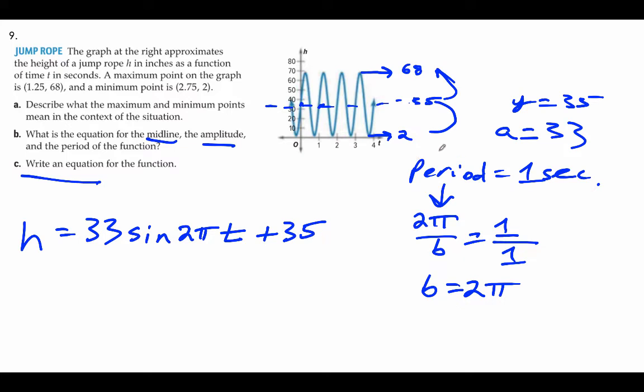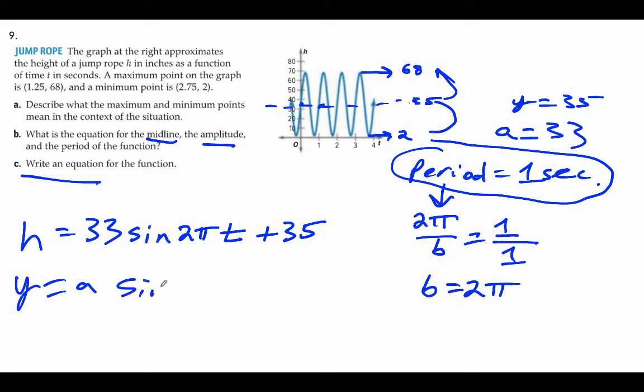And this is really the full meal deal here, huh? You got to notice that the period is 1 second, and then you have to find the value of b. I can't say that enough. Y equals a sine b theta minus h plus k. K was 35, A was 33, B was 2 pi, because that's what makes the 1. H was 0, we don't have to write it. Great problem. Love it.